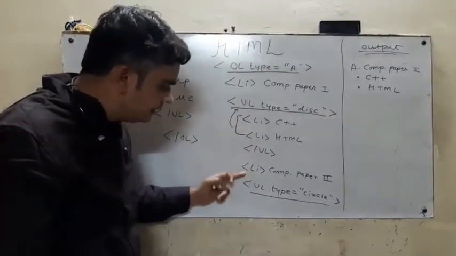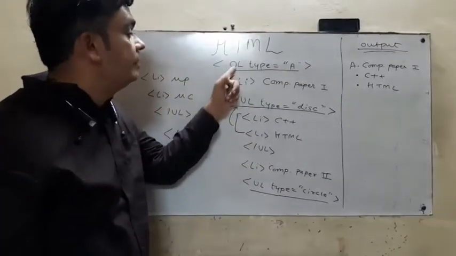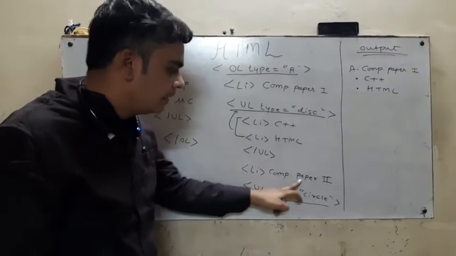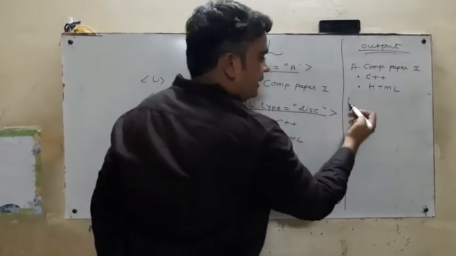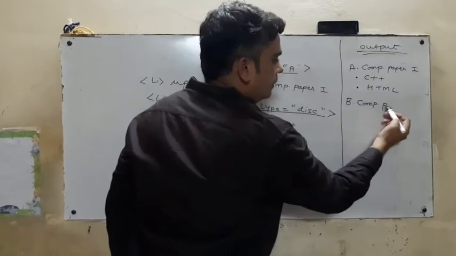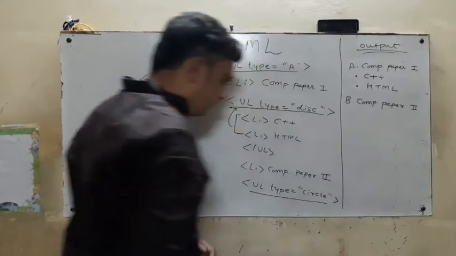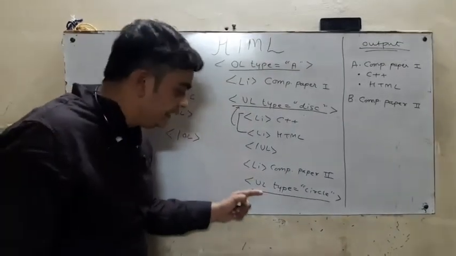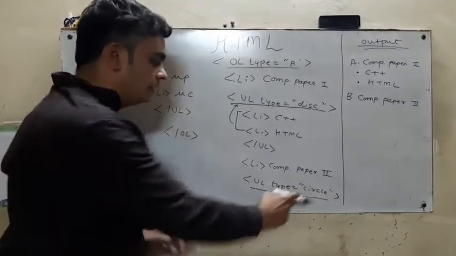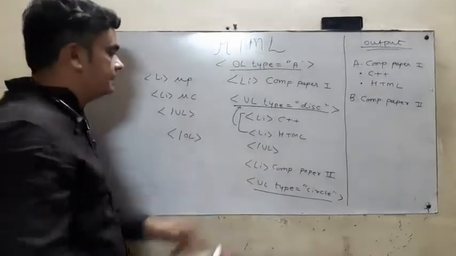Thereafter, completing this, again an LI tag is there. This LI tag represents another element of the OL tag. So what is that element? LI computer paper second. So it is represented by B, computer paper second. After that again it uses an unordered list. UL type is equal to circle, and these are the two elements which are related with this unordered list.